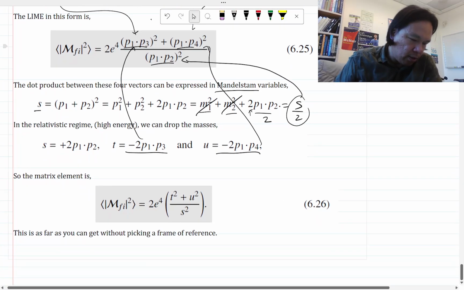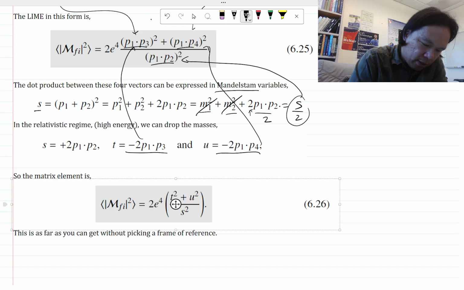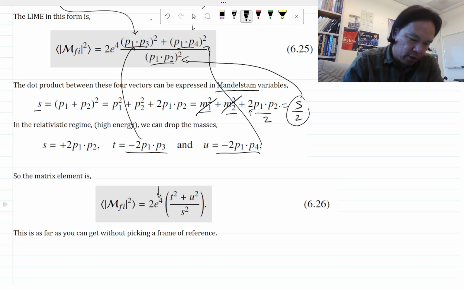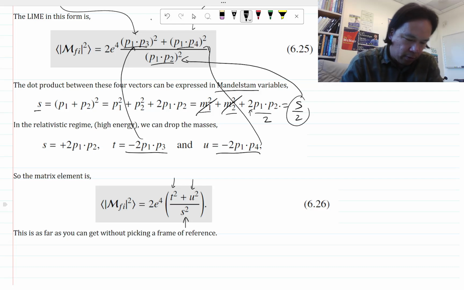And then you can write the matrix element in this Lorentz invariant form, where it's just going to be 2 times the elementary charge squared, which you should probably convert to alpha anyway, multiplied by t squared plus u squared divided by s squared.